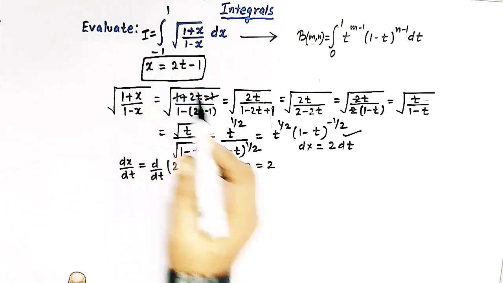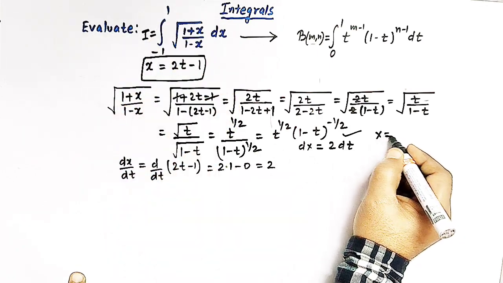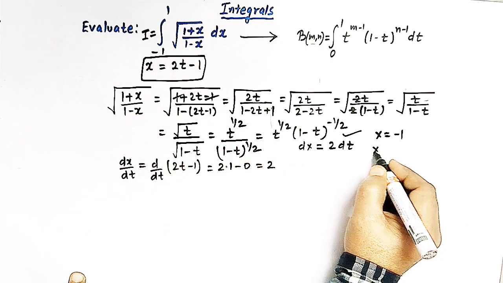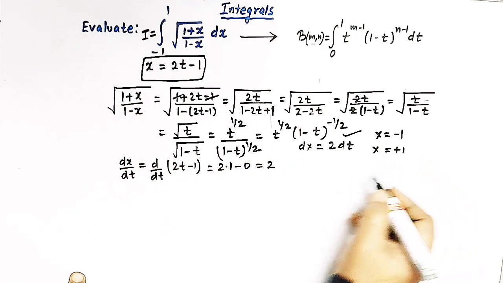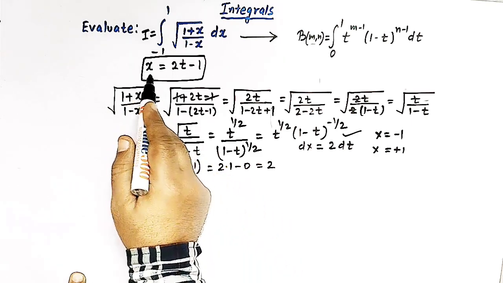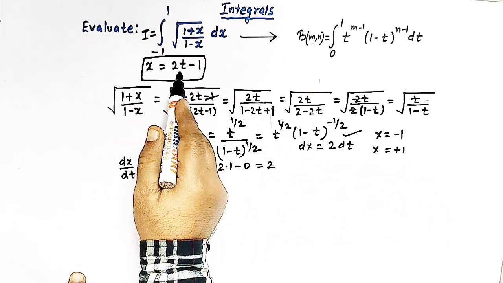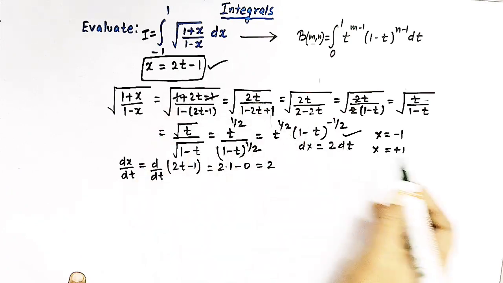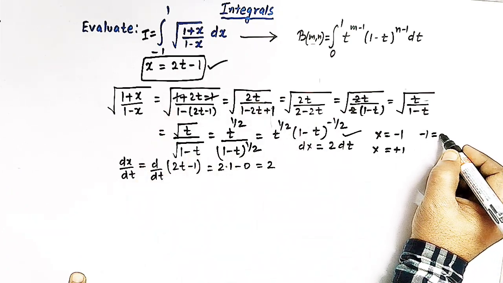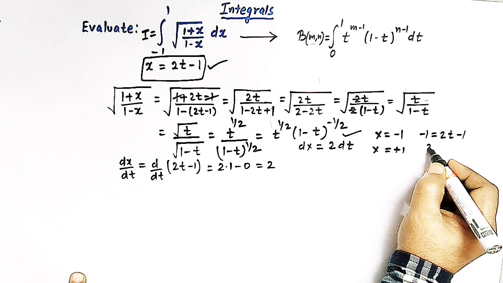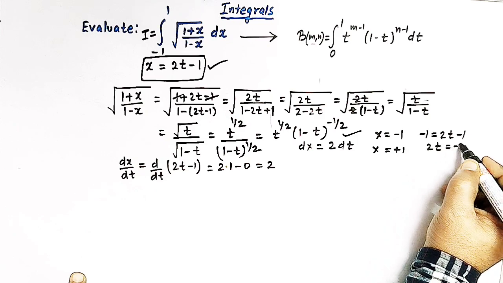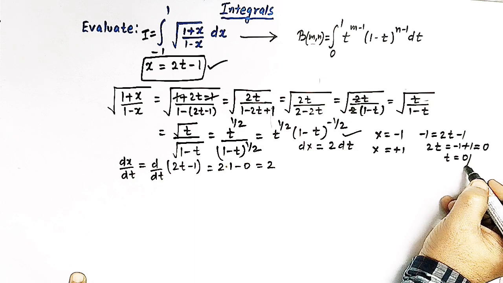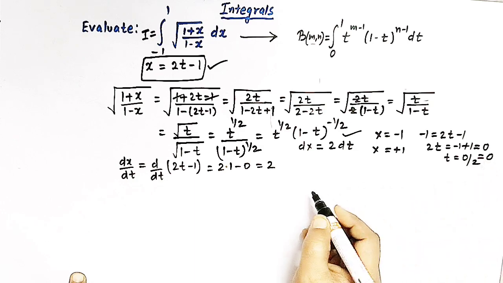So here the lower limit is x is equal to -1, and the upper limit is x is equal to +1. So when x is -1, then t can be calculated from this equation. So we have -1 is equal to 2t minus 1. So 2t is equal to -1 plus 1, that is 0. So t is 0 over 2, that is 0, right?